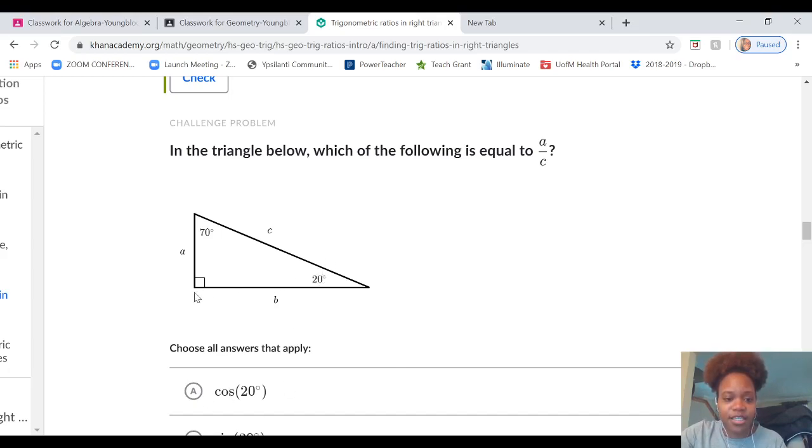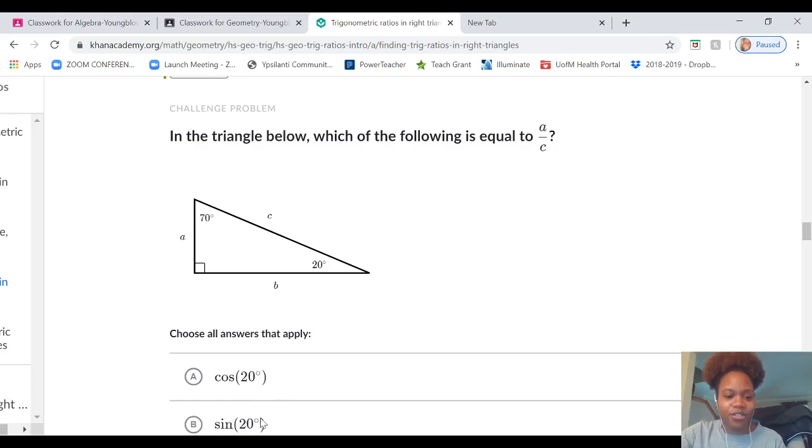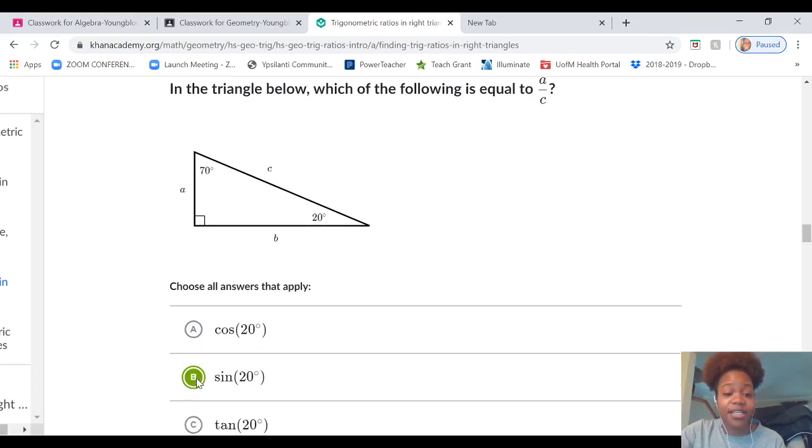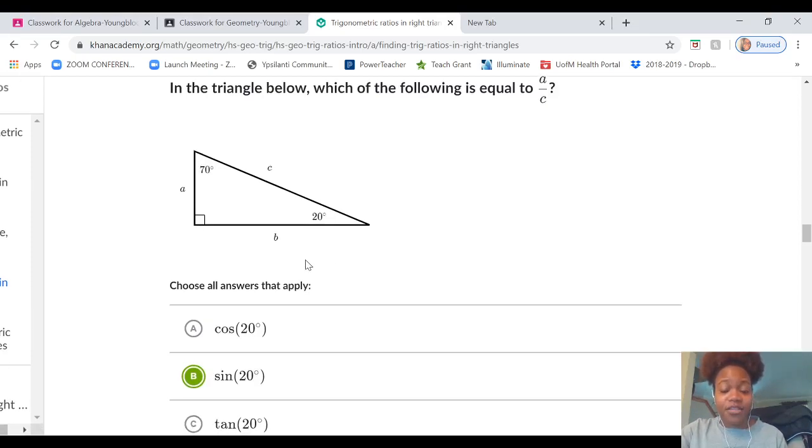Cosine of 20 is the adjacent over the hypotenuse, so that would be B over C. So cosine of 20 degrees is not A over C. Sine of 20 degrees is the opposite over the hypotenuse, so the sine of 20 is going to be A over C. Tangent of 20 degrees is the opposite over the adjacent, so that's A over B, so it won't be that one.